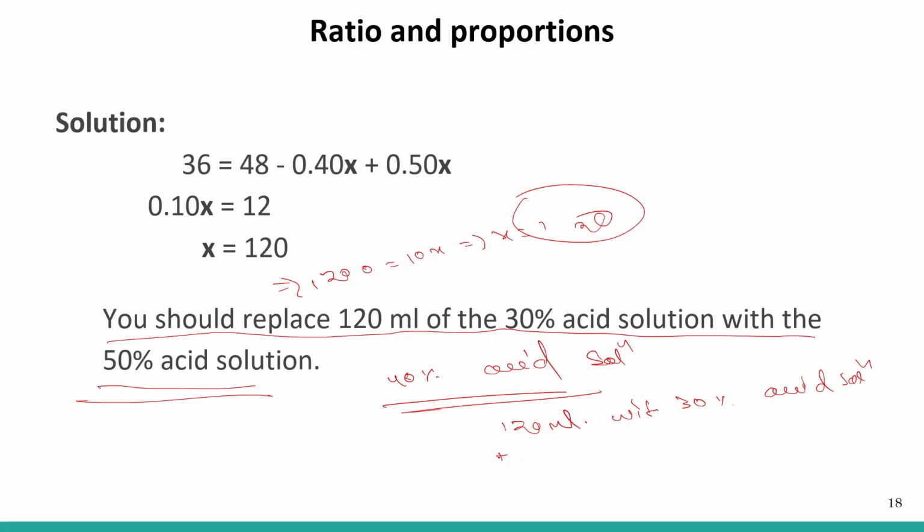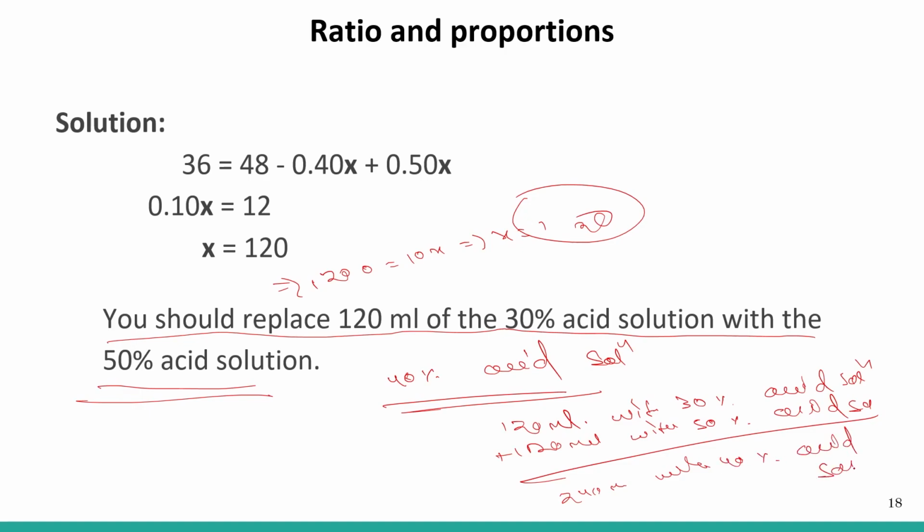We added 120 ml of 50% acid solution. What we are left with is 240 ml of 40% acid solution. Okay, so this is the final answer. So now our solution amount became 240 and its concentration of acid becomes 40%.